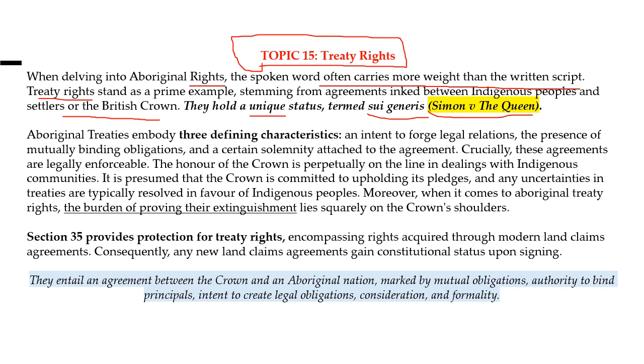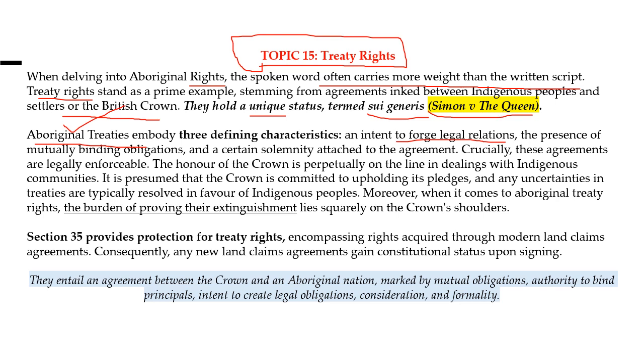Aboriginal treaties embody three defining characteristics. What are the three things that need to be there in an Aboriginal treaty? Number one, the treaty must have come into existence to build a legal relation. Then there must be the presence of mutually binding obligation. The things concluded in this treaty, both the parties, the British Crown as well as indigenous people, are bound by those rules.